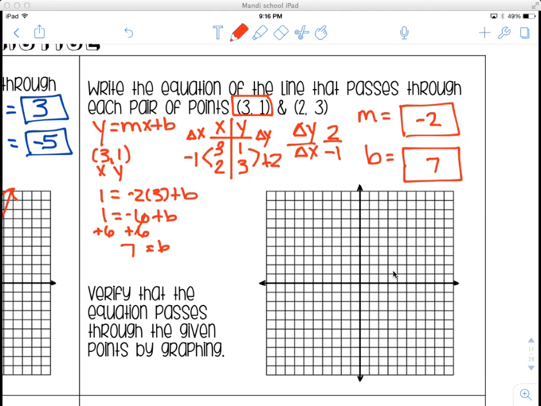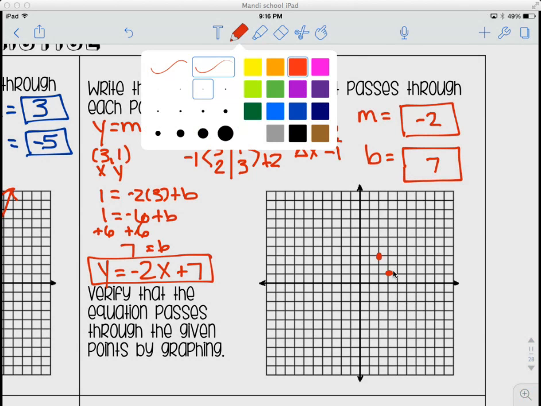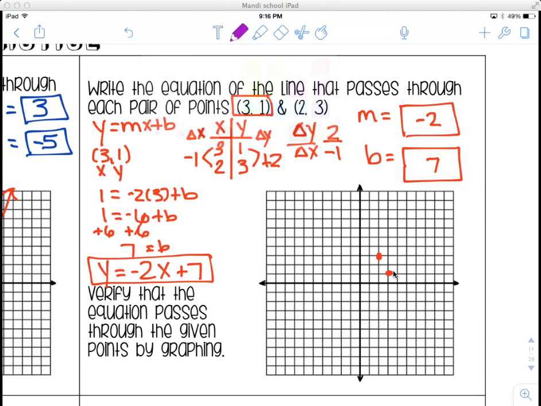So to write our equation of the line, y equals mx plus b. This one says verify that the equation passes through the given points by graphing. So we have 3, 1, and we have 2, 3. So there are 2 points. Let's change the color of our line so we make sure that it actually works.